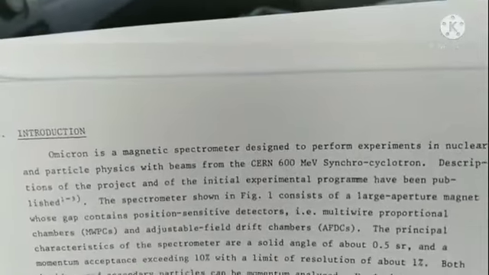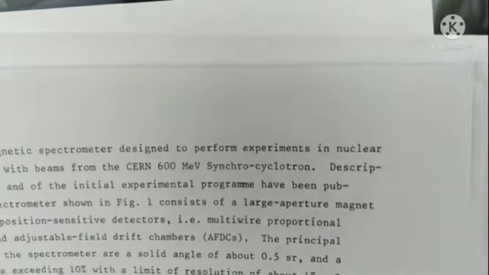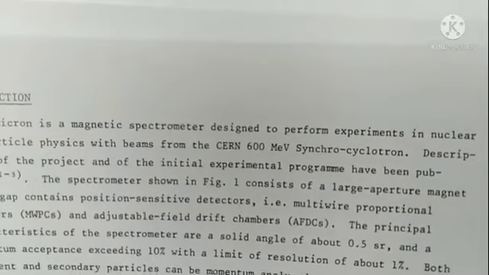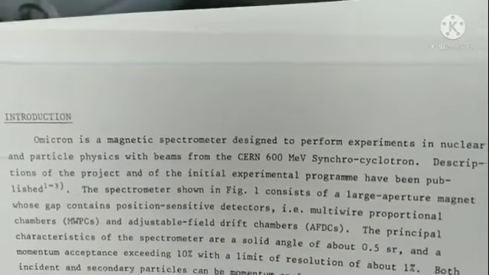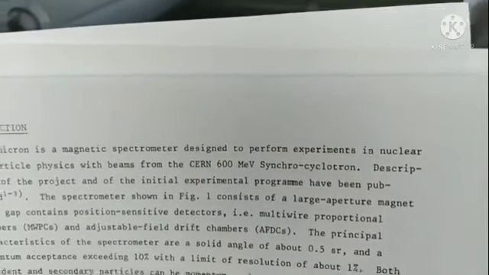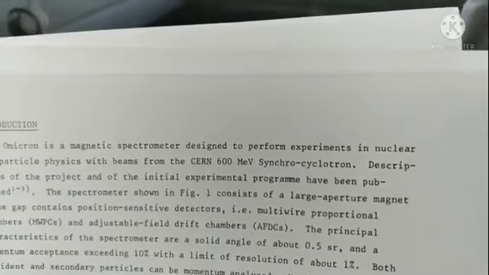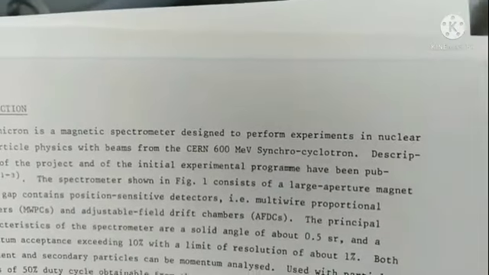Omicron is a magnetic spectrometer designed to perform experiments in nuclear and particle physics with beam from Cern, the Cern 600 MeV synchro cyclotron. Descriptions of the project and the initial experimental program have been published.